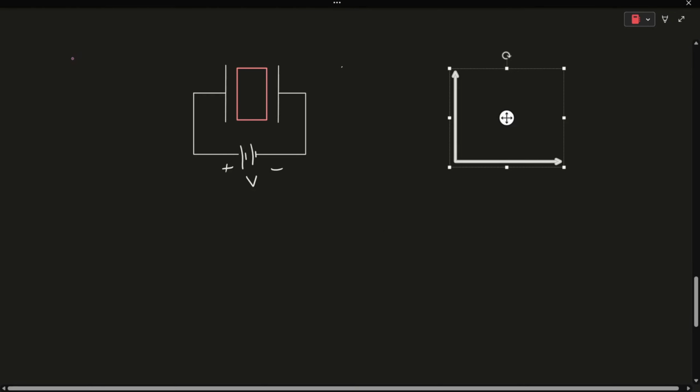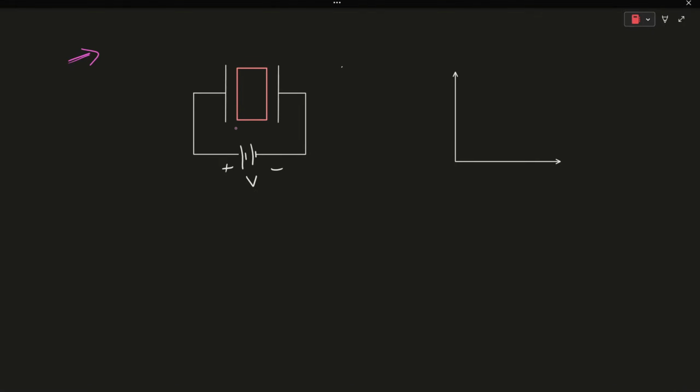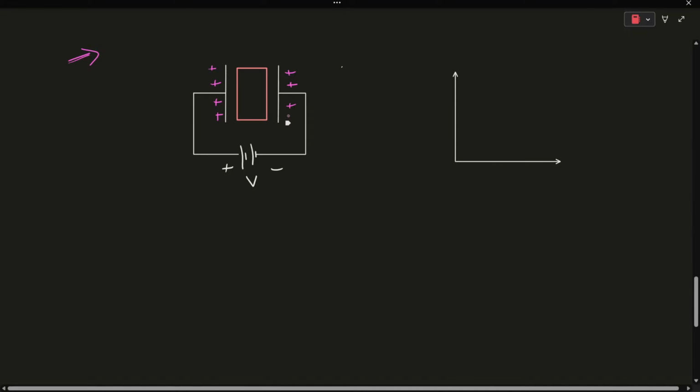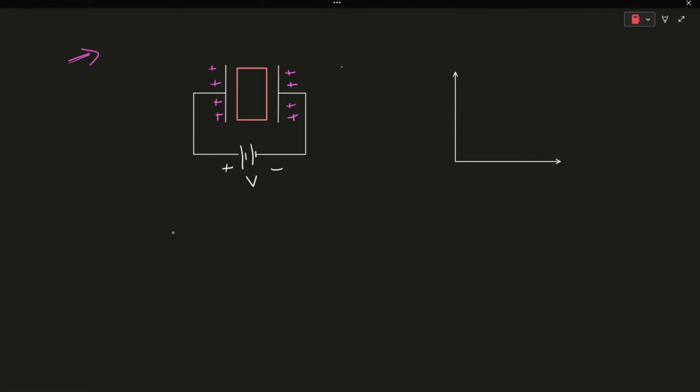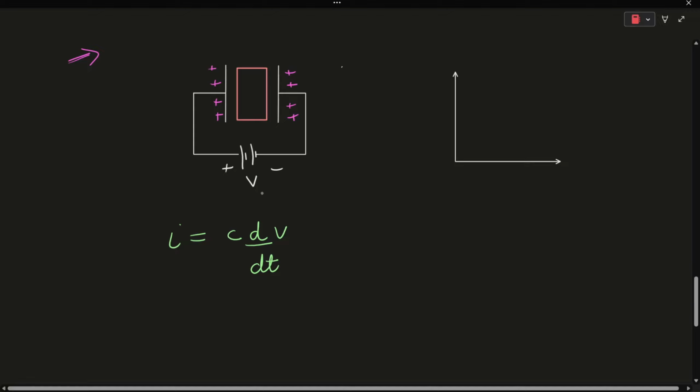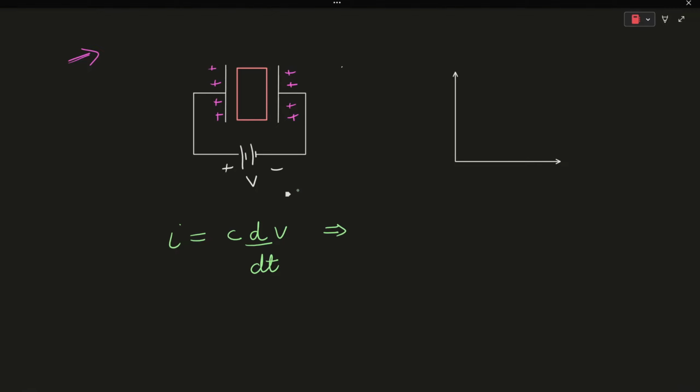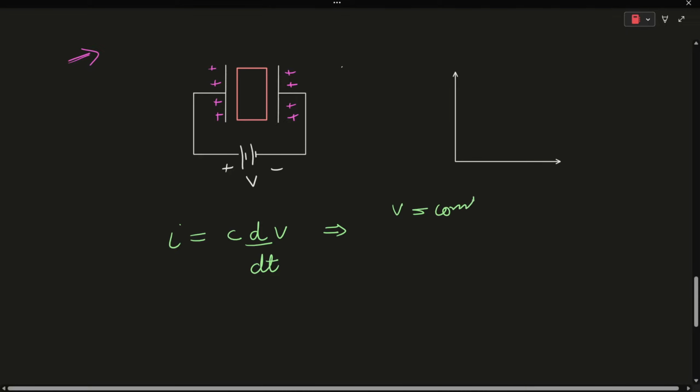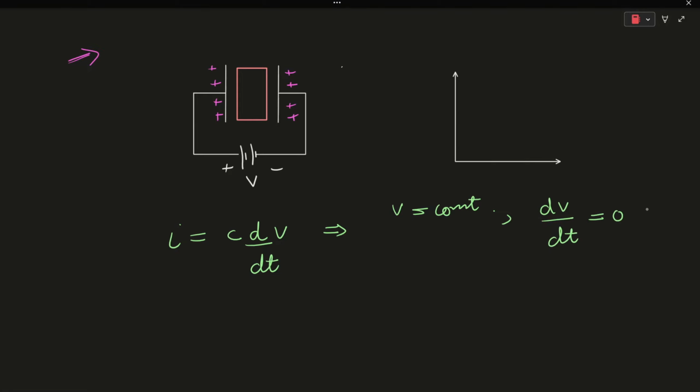The next important point: let's say the capacitor is supplied by a DC supply. As we know, I is equal to C dV by dt. In case of a DC supply, the voltage V is constant, so dV by dt will be equal to 0.